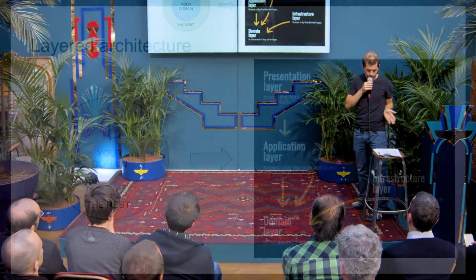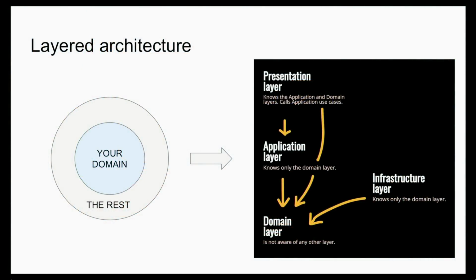So at Inato we have 4 layers. I'm going to talk about them starting with the domain layer. So the domain layer here corresponds to the circle inside on the left. The important thing is that it depends on no other layer.